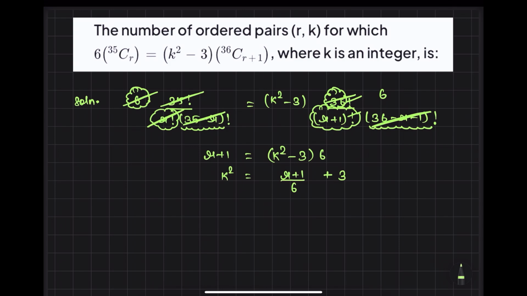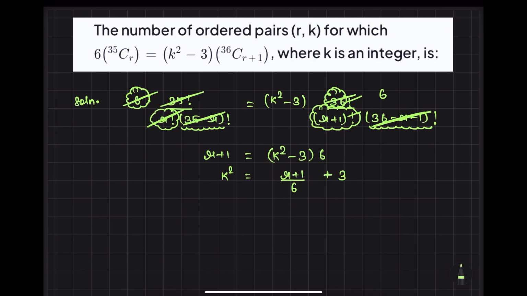Now look at how we will approach this. You know that r is a whole number, and r starts from 0 and goes till 35. Now try to find this value. Since k is an integer, k square will also be an integer.